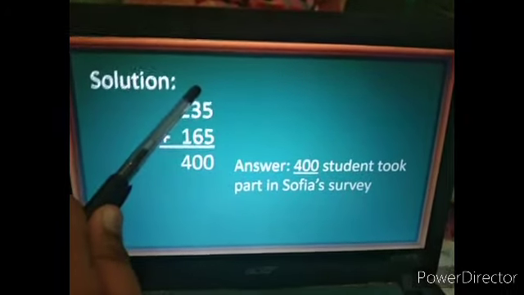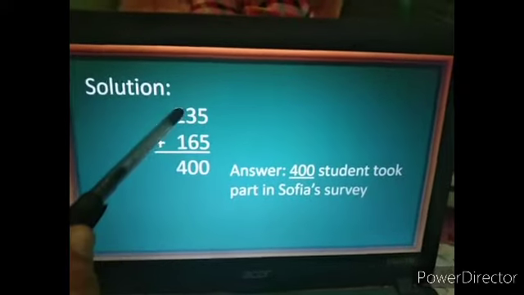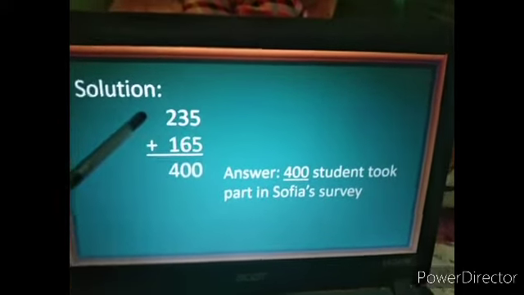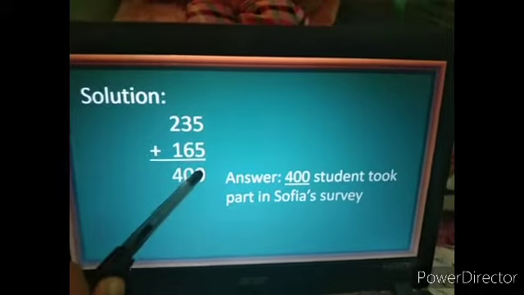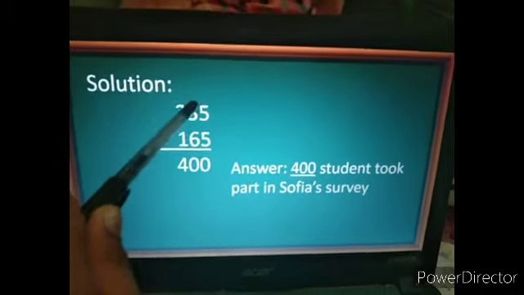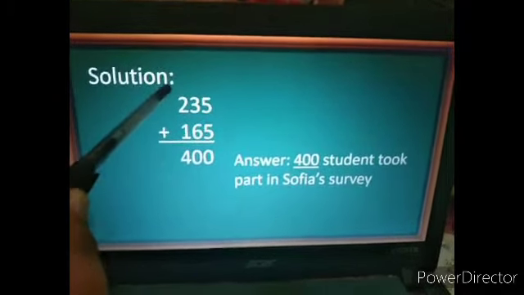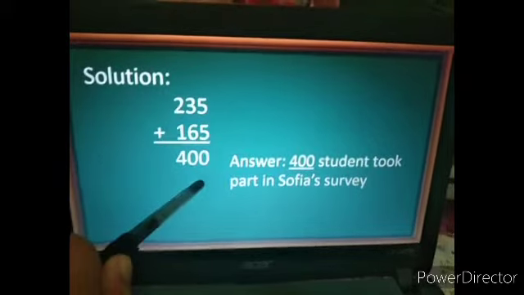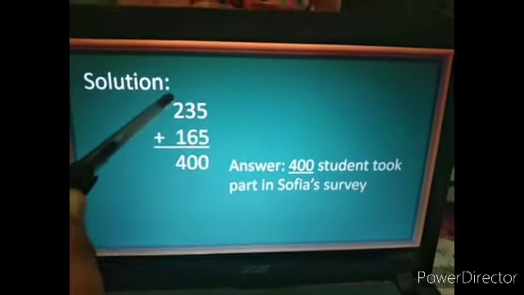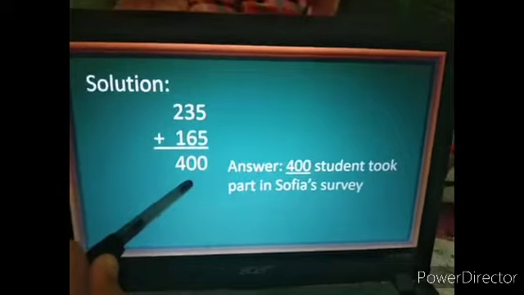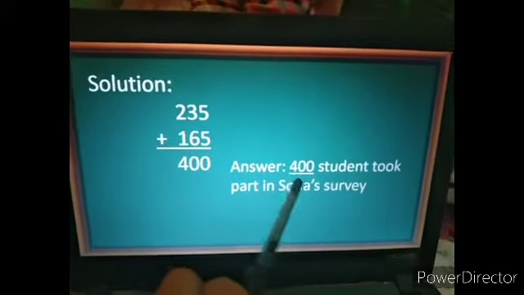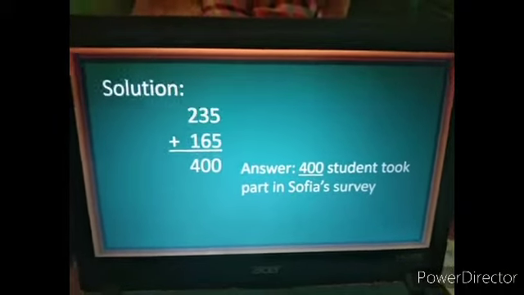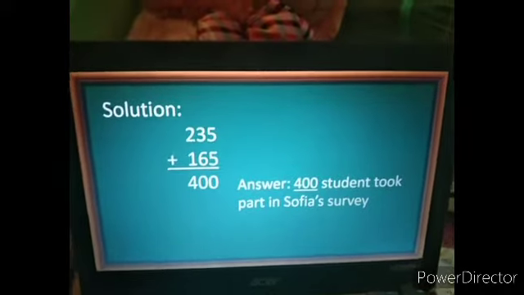Let's put 1 on top of the 3 and 0 here. 3 plus 6 is equal to 9, plus 1 is 10. Again, let's put 1 on top of the 2 and 0 here. 2 plus 1 is equal to 3, plus 1 is equal to 4. So the answer is 400 students took part in Sophia's survey.